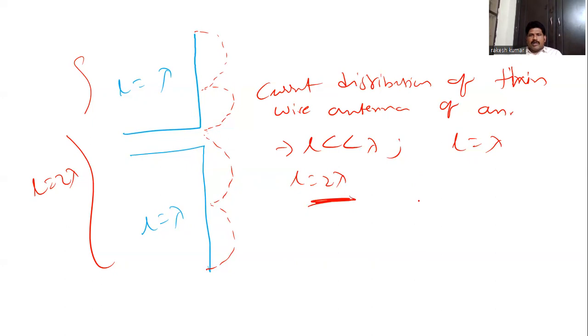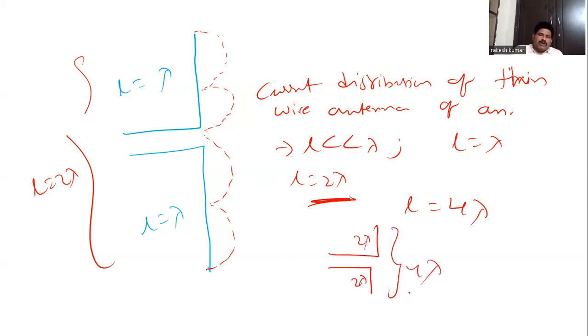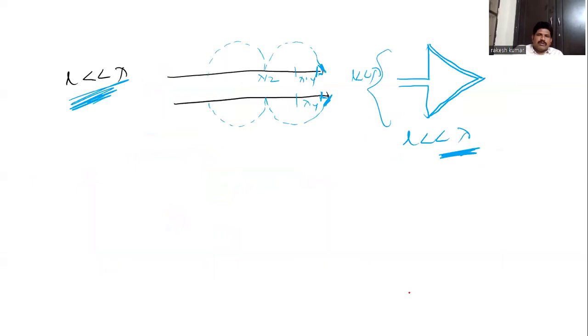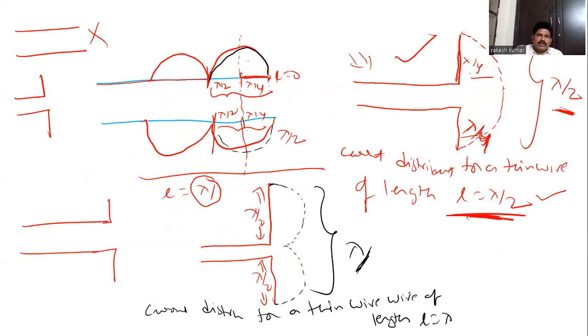Okay, so for example, if anyone asks to draw the sketch for L is equal to 4 lambda, where do you want to bend the antenna? You want to bend the antenna like this. This is for 2 lambda and this is for 2 lambda. Total length is 4 lambda. You want to draw the radiation patterns. This is a very important problem. Sketch various current distributions for different cases.